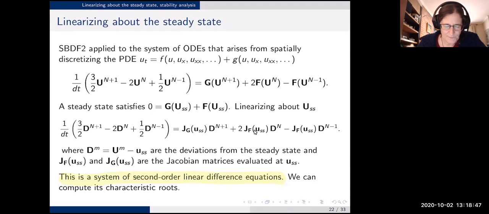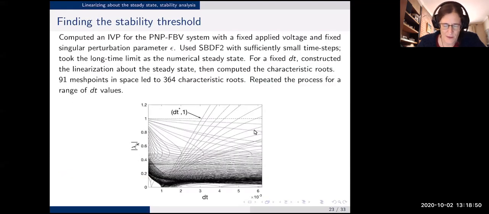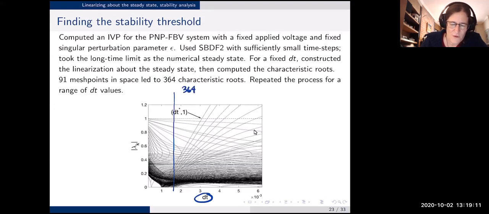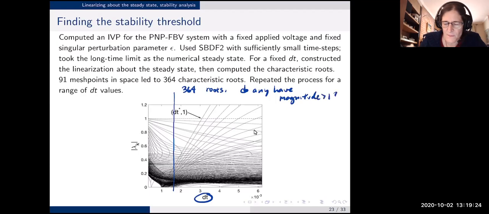And so here's a picture. Here I have the time step size. And for any one time step size, I have 364 roots, and I need to know, do any have magnitude greater than 1?